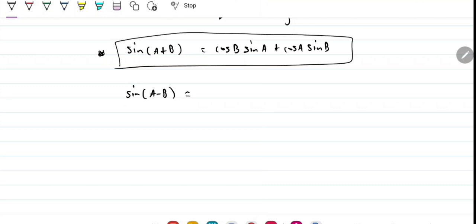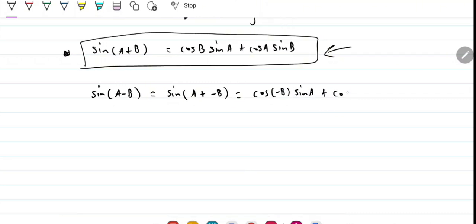If you think about it, A minus B is the same as A plus minus B. So we can use this same formula up here, but we're just going to replace the B with minus B. So our expansion will be cos of minus B times the sine of A plus the cos of A times the sine of minus B.